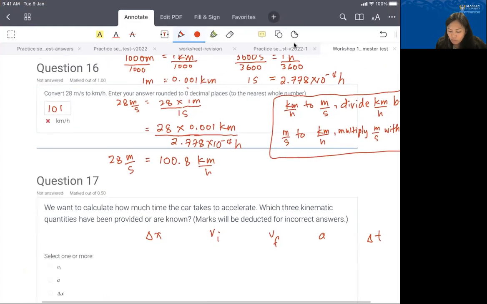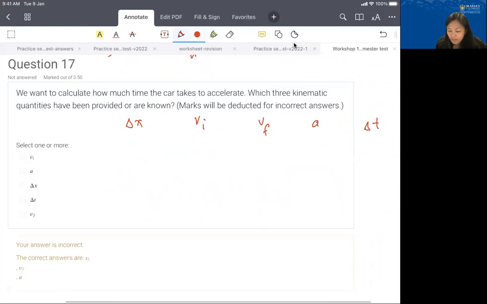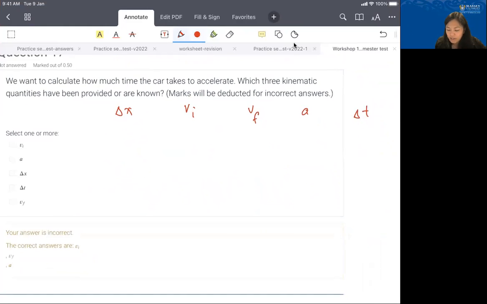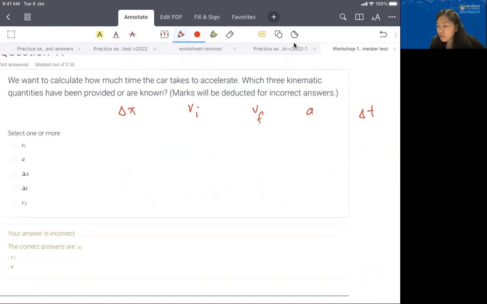Okay, going back to the problem, that's why it's useful to have the separate sheet to refer to. We are actually given the initial velocity. It says it starts from rest, so Vi is 0. Then we want to reach a velocity of 28 meters per second, so we're given Vf.